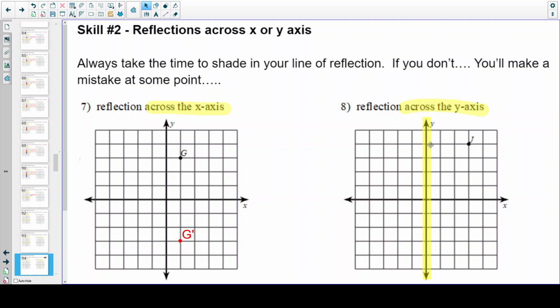Well, just count how many blocks you're to the right of the y-axis. In this case, we're 3 away. So now just go 3 on the other side, and that's where the J prime should be. Same distance from the right to the y-axis, and then from the y-axis to the left, it should be the exact same distance. We're reflecting it. It's making a mirror image.